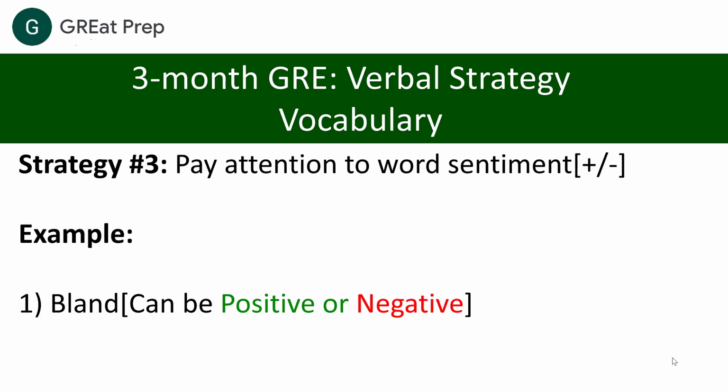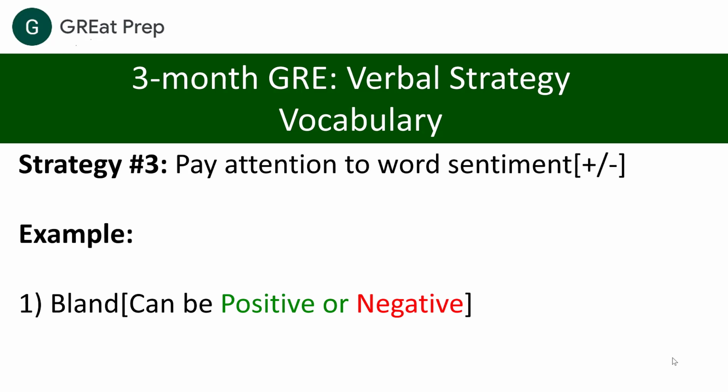So you can give it a negative sentiment and you can say bland is negative. However, be warned, depending on the context, the same word can also have a positive connotation. Bland, for example, has a secondary meaning, which means something that is soothing. Therefore, something that is soothing is a good thing, a positive sentiment.